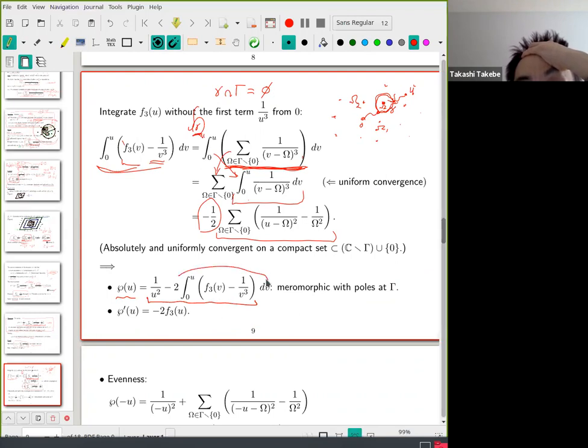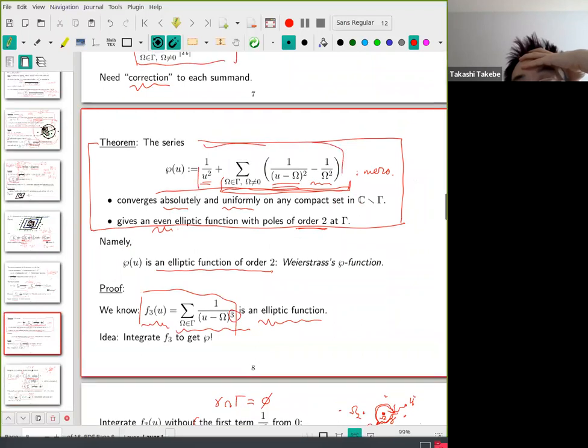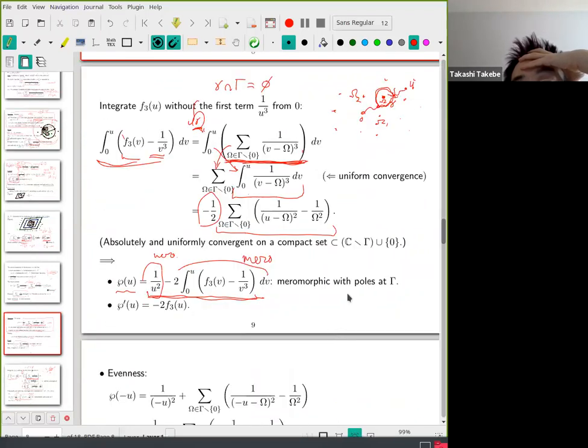We know that this is a meromorphic function because F3 and of course 1/u cube are meromorphic functions. So this series defines a meromorphic function with second order poles at gamma.